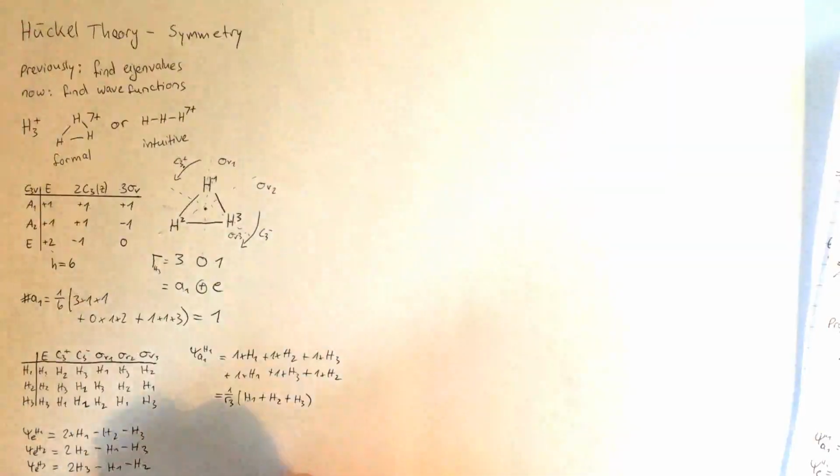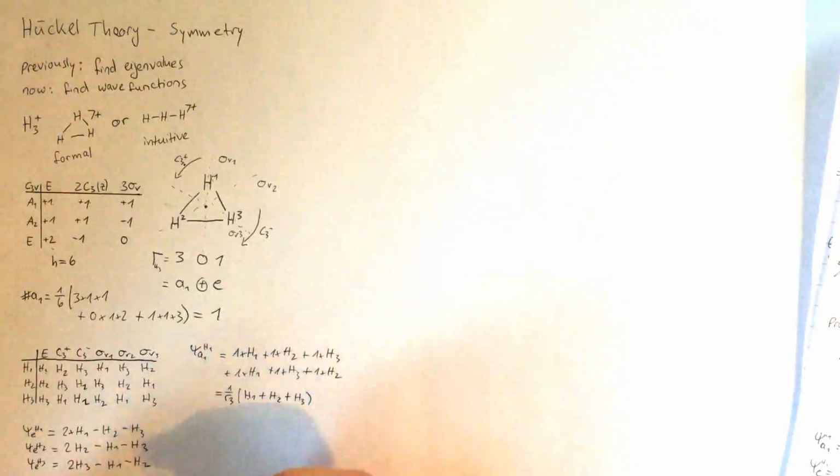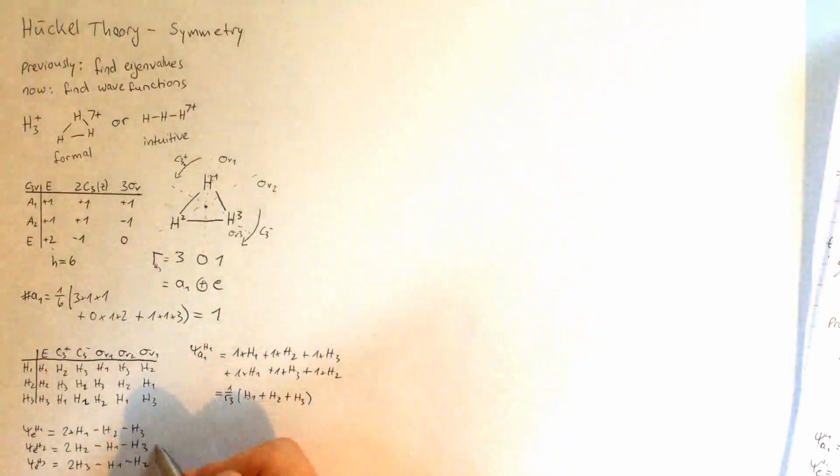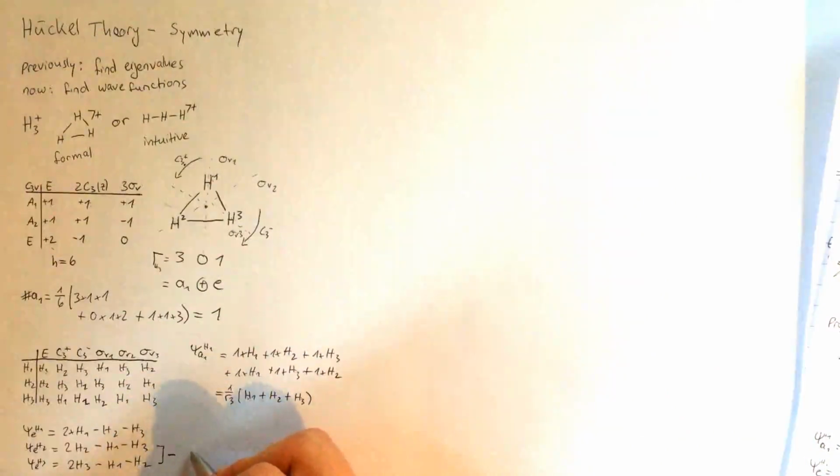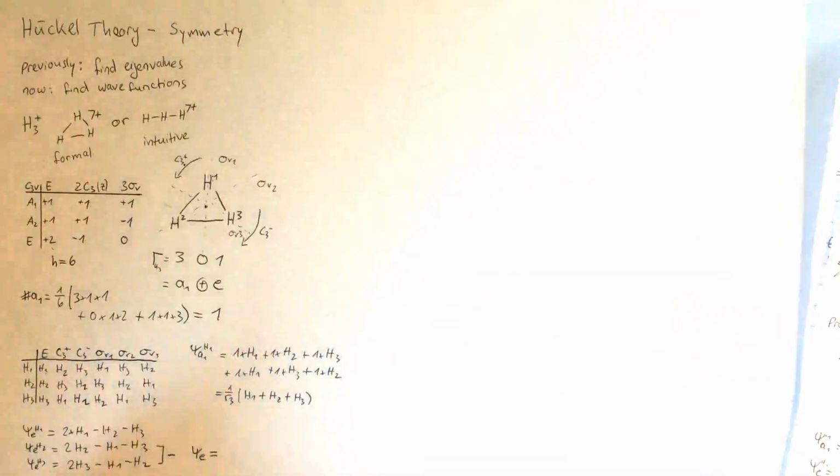So what I do, I take 2 of these to generate an orthogonal wave function that's orthogonal to the first of them. Here it's arbitrary which 2 I choose to be orthogonal to the third one. I take these ones and I'm going to subtract them so that I get the wave function that looks as follows.